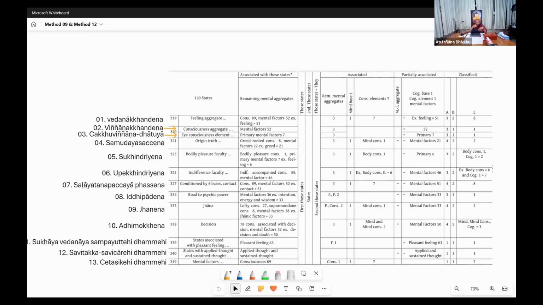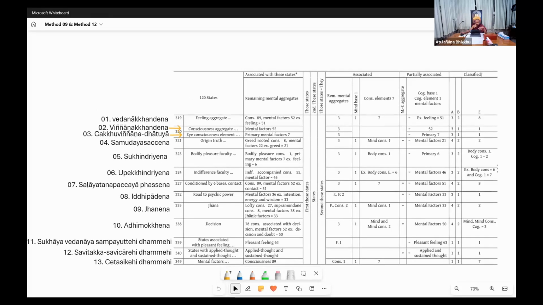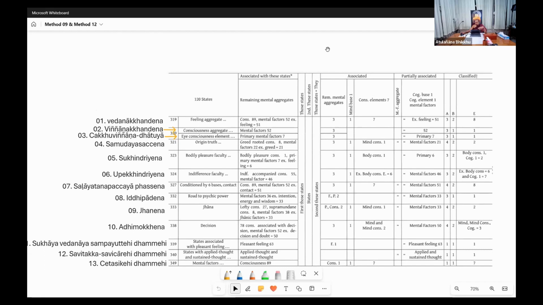For some methods, I prepared my own table because I was following the way explained in the commentary. But for some methods in the Dhātukatha, the method explained in the Burmese tradition and the commentary is the same, right? So there is no need to prepare new tables for those methods. So yes, sir.